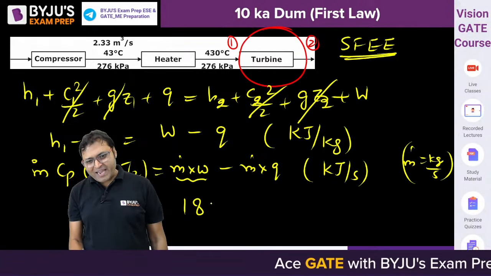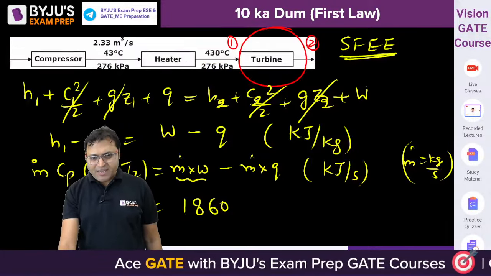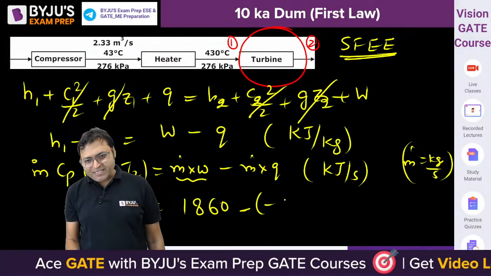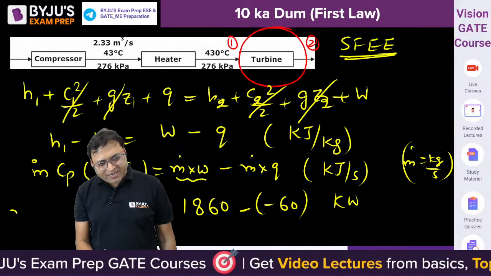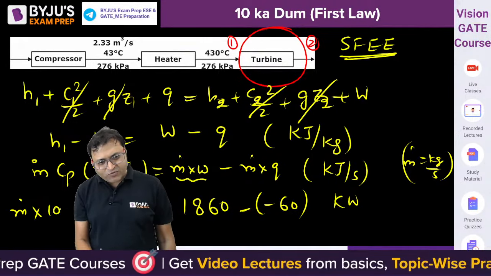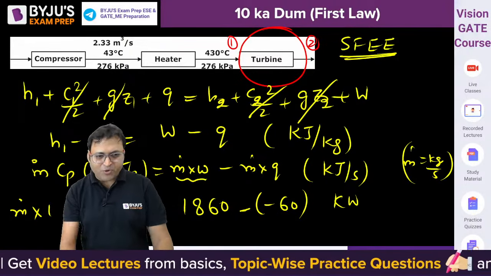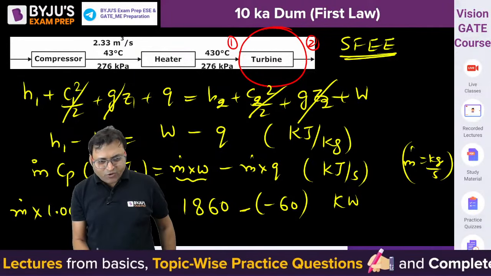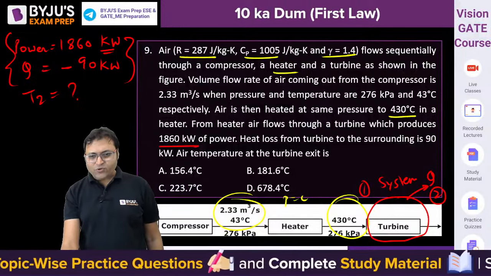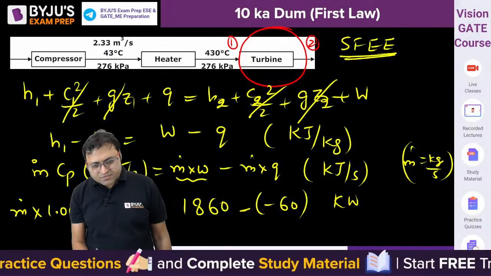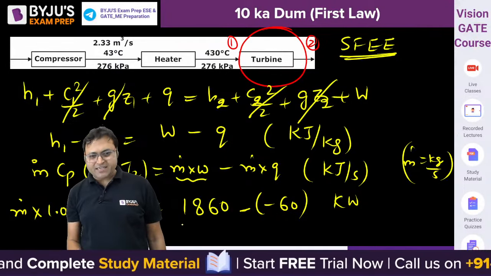The power developed is 1860 kilowatt, and minus Q is equal to minus 90, that will be kilowatt. Cp is 1005, but because it is in kilowatt, we write it as 1.005. T1 is 430, so what is 430 plus 273? 430 minus T2, because it is the difference. You can take this expression.